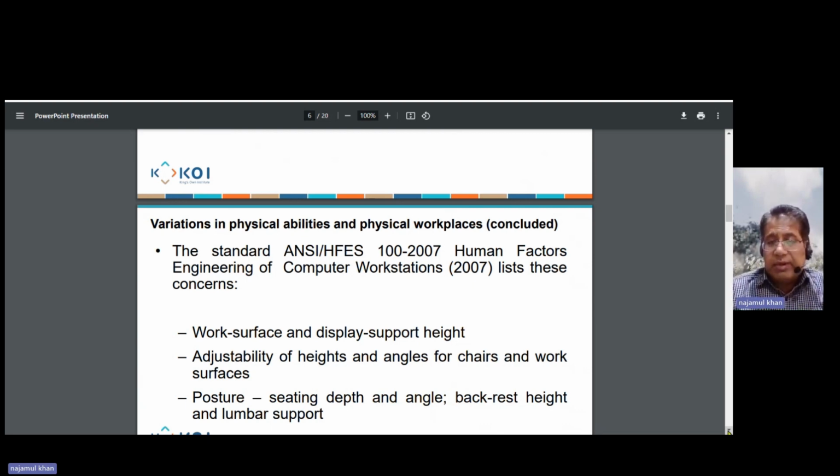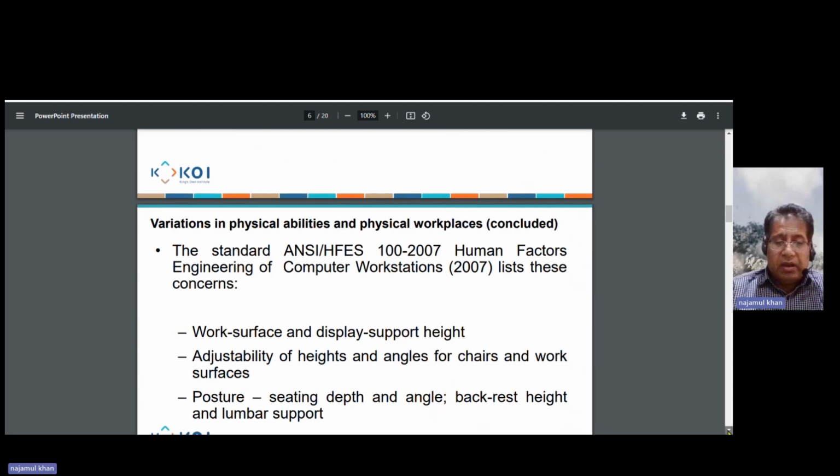In some cases you might have seen adjustable height furniture being introduced, rather than fixed height, which is also making a difference. Adjustable heights and angles for chairs and work surfaces have now become one of the key elements of workstations in the modern computing environment, especially in the office environment.